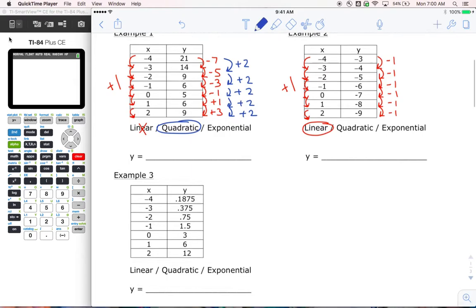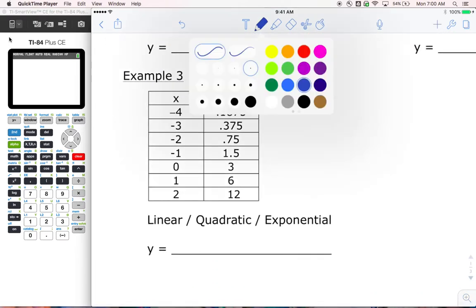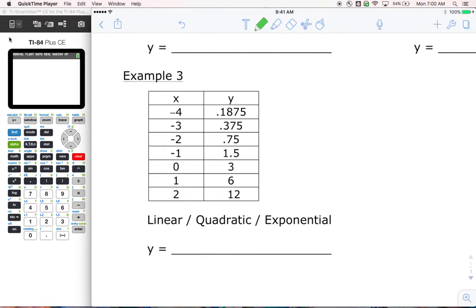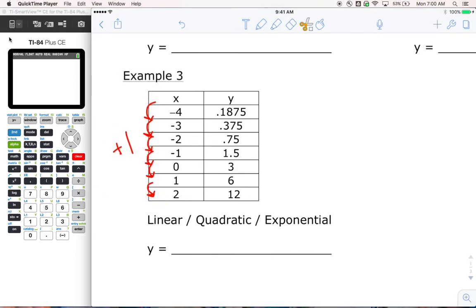Okay, and then finally, we kind of know now that this last one has to be exponential. One of the ways we could know that by looking at it is because, again, on the left side, our x's are just increasing by 1, so we don't really need to worry about those too much. Okay, but on the right side, I'm going to skip the decimals because those are confusing. Let's just look at the bottom.